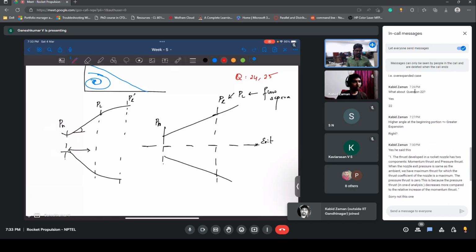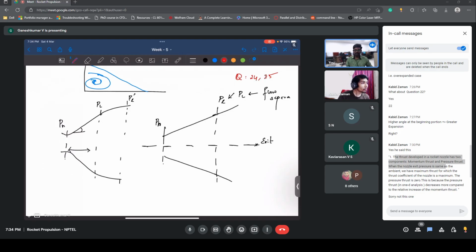Okay, you asked another question, question 22. What about question 22? So the same assignment? Okay. Thrust developed in the rocket has two components, momentum thrust and pressure thrust, and the nozzle exit pressure. Let me read the question.